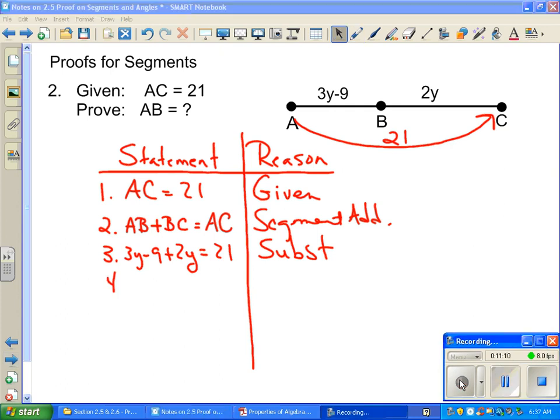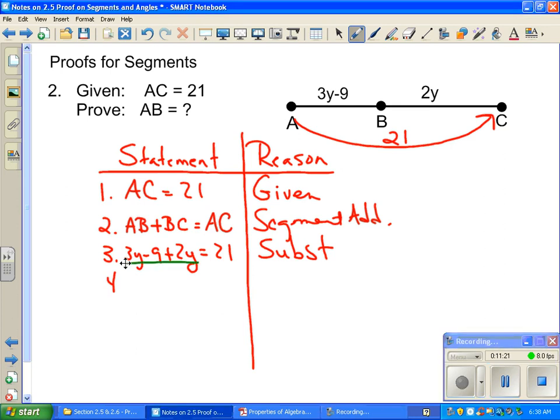So in step 4, we're going to continue looking at this from the perspective of the same thing we've been doing already. Do I have two items on this side of the problem? No, I have 3. Do I have any like terms? Yes, I have two variable terms, 3y and positive 2y. That makes 5y.